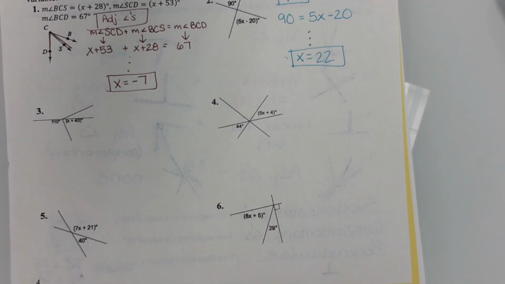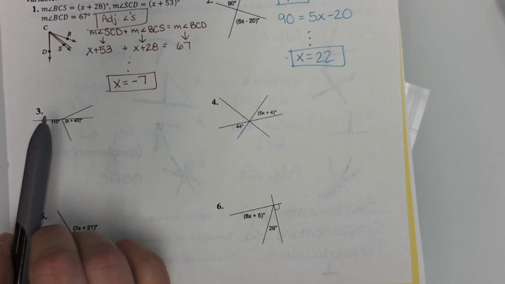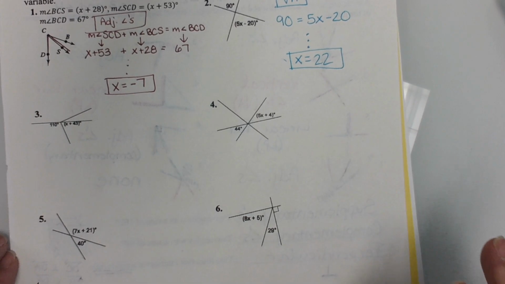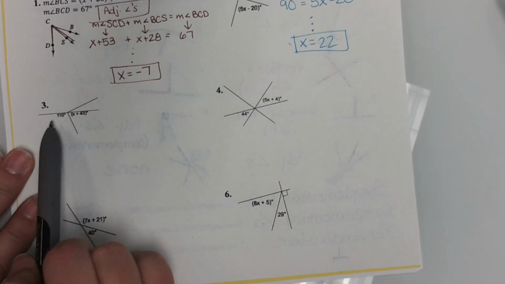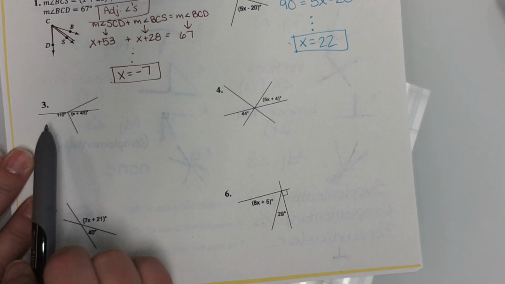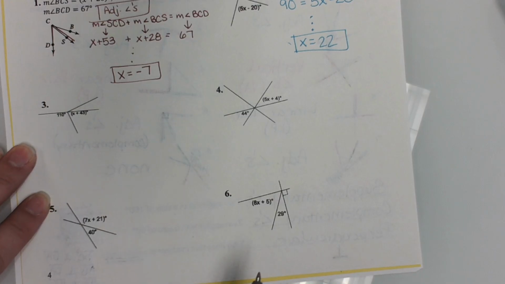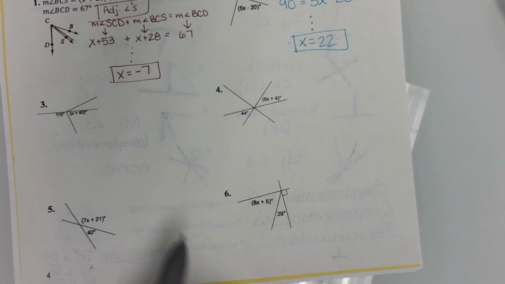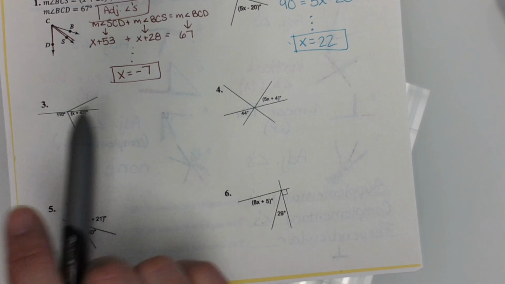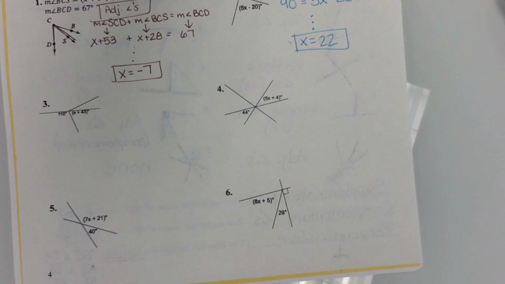Okay, problem 3. I've got this angle and I've got this angle. Colin, what kind of angle pair would you say these two are? Okay, I'll come back to you on that one. Jonathan, do you have a guess on what these two angles are called? Linear pair.